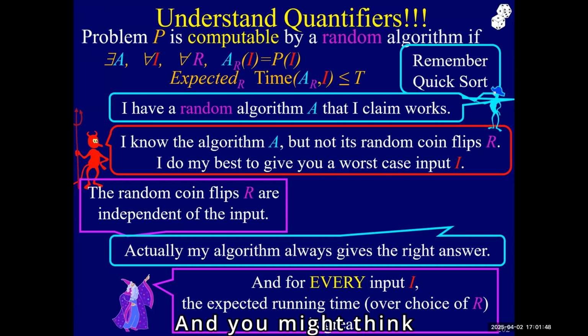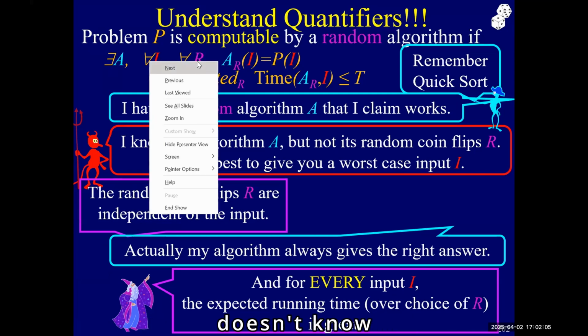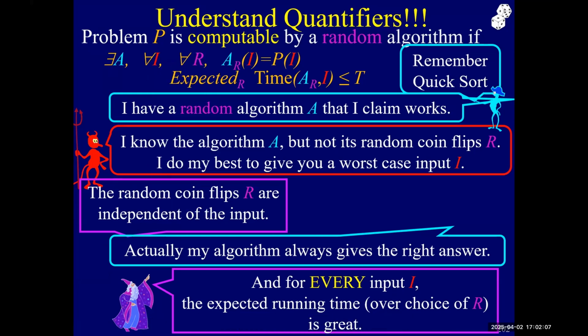And you might think if the adversary knew my algorithm, he could give me keys that all collide in the same cell, right? But the reason the adversary can't do that is because the adversary doesn't know the hash function, right? He knows there will be a hash function, but he doesn't know what it is.